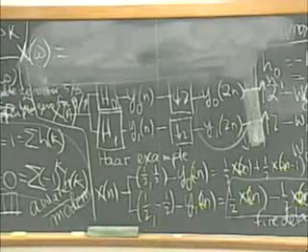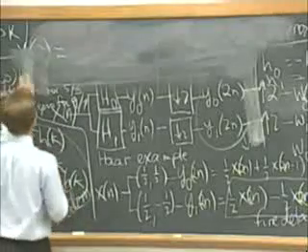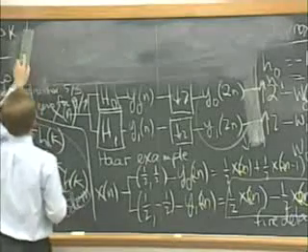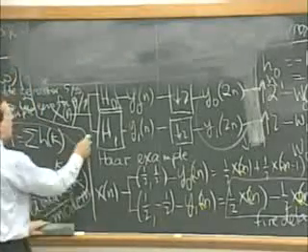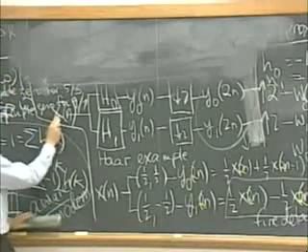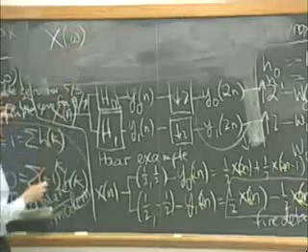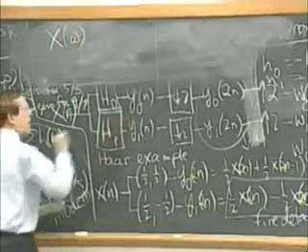I'm just following along here. That's what went in: X of omega went in. Now tell me what came out of there.